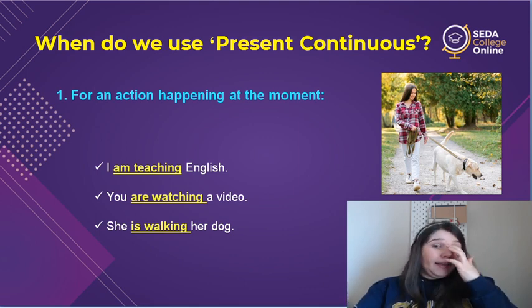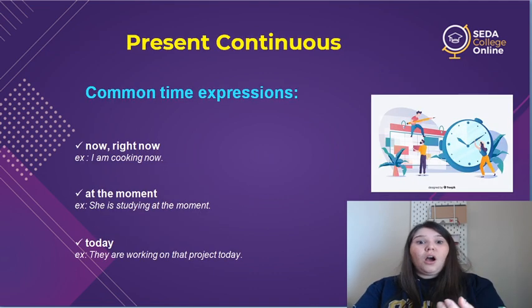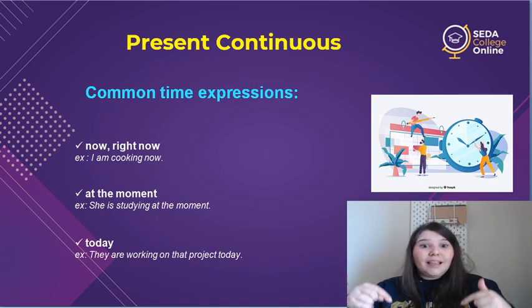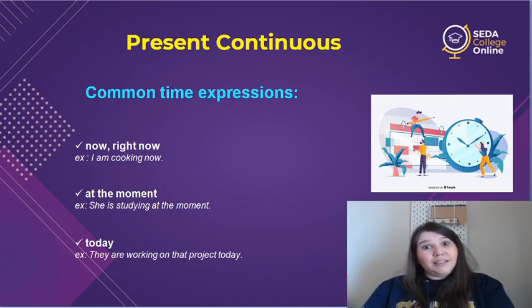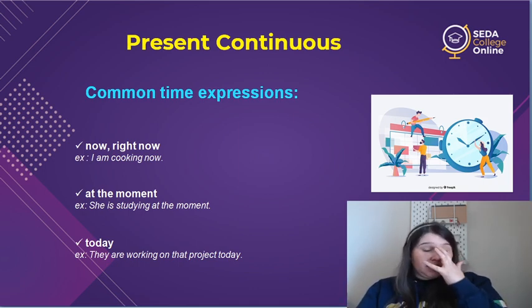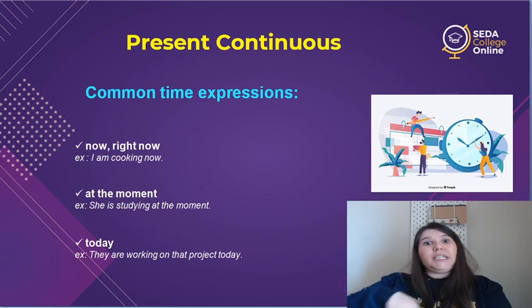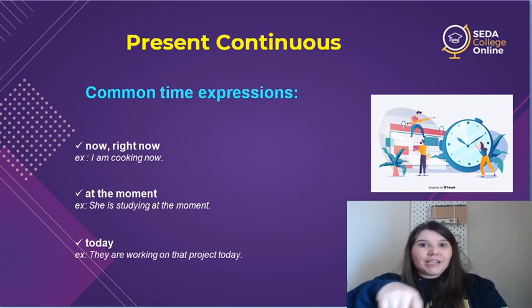All right? And the present continuous also has some common time expressions. So for example, now or right now is to show that the action is happening at this moment. Example, I am cooking now. So I'm doing this action right now.